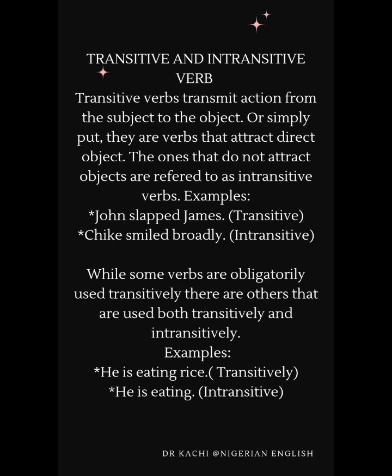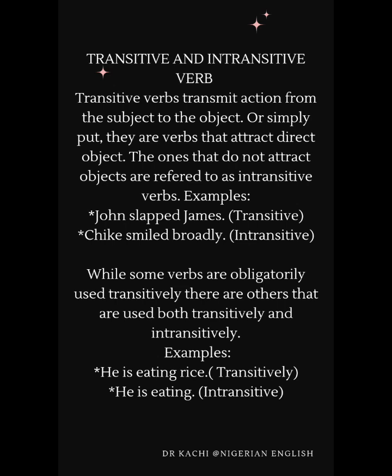For example, in a sentence like John slapped James, the verb slap there is said to be transitive because it attracts the object James. But it's different from a sentence like Chike smiled broadly.